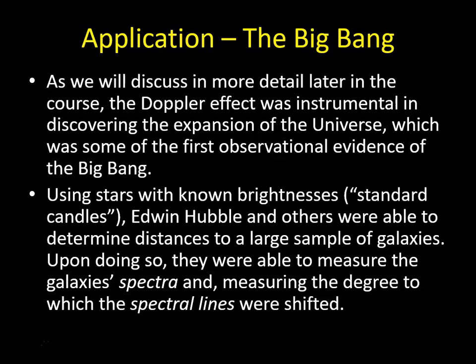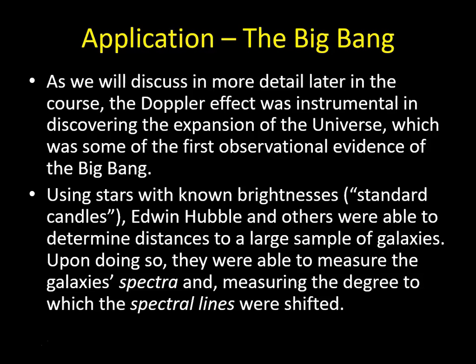She observed a whole lot of these in the Large and Small Magellanic Clouds, and since those objects are quite distant from us, most of the stuff in there can be assumed to be about the same distance from us, at least relatively speaking. Then she was able to calibrate a period luminosity relationship.